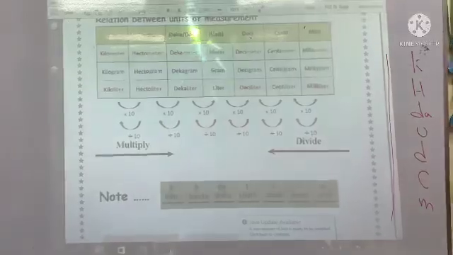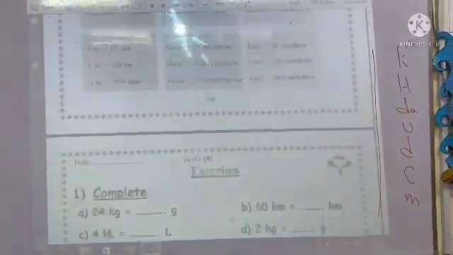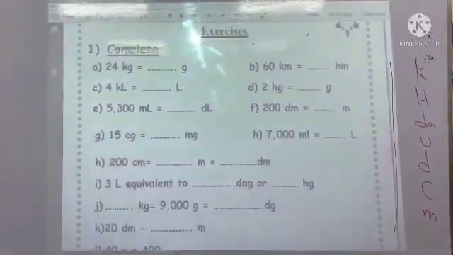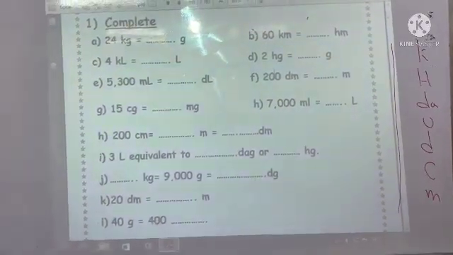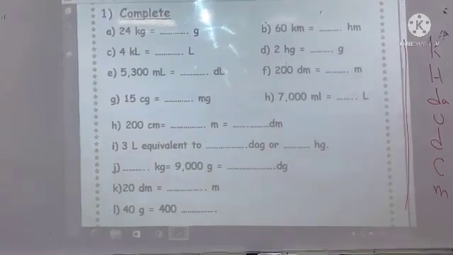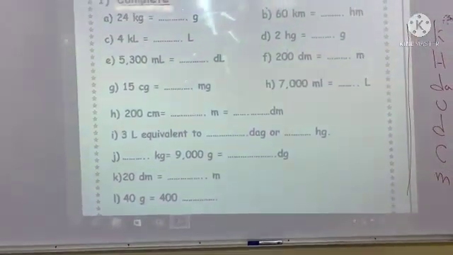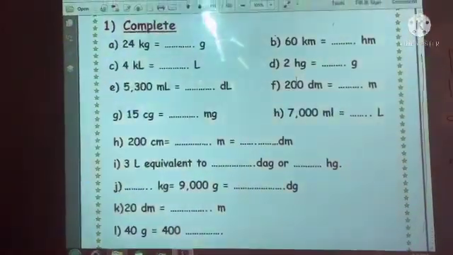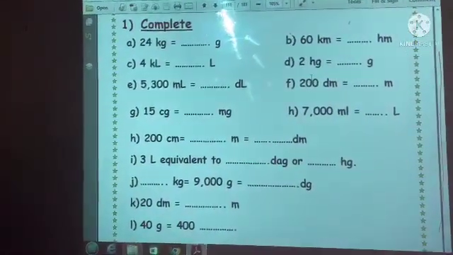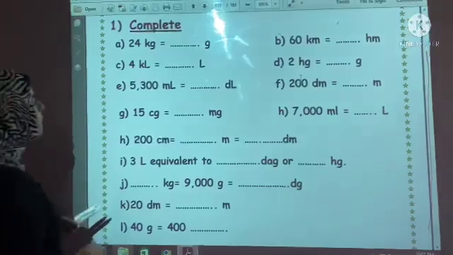So now let's start to solve. I'm gonna turn off the light to be more clear for you, Junior 4. So now let's start with the first question we have. It's complete.